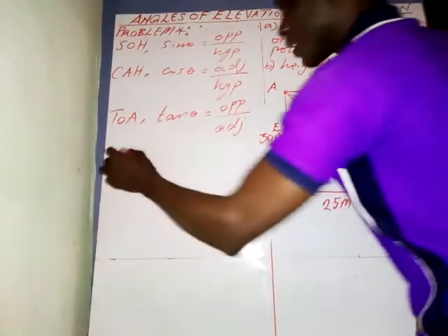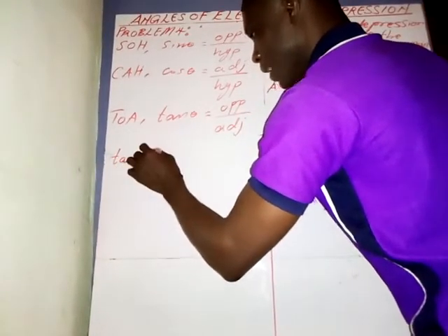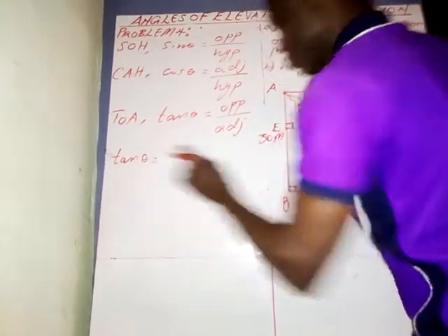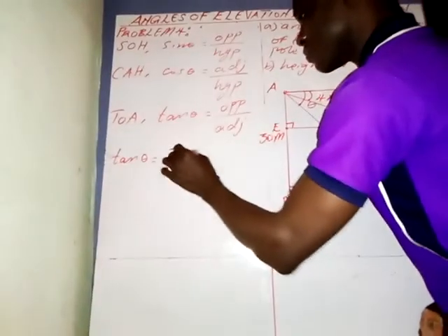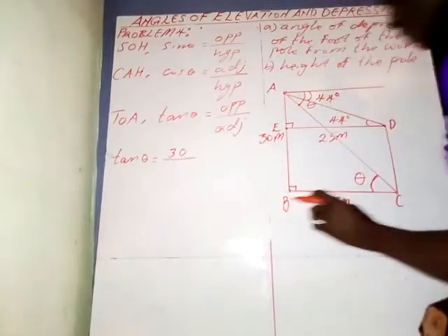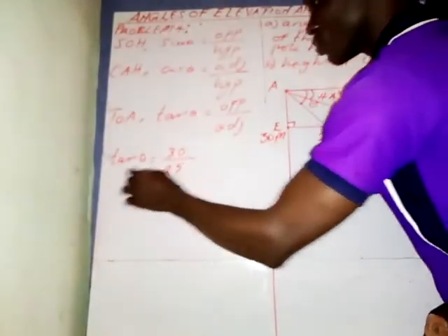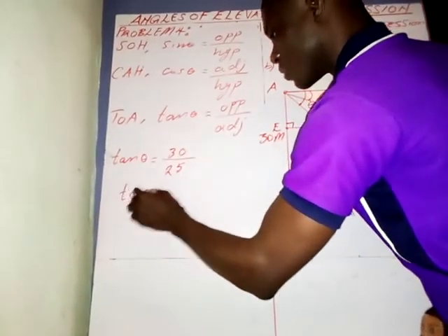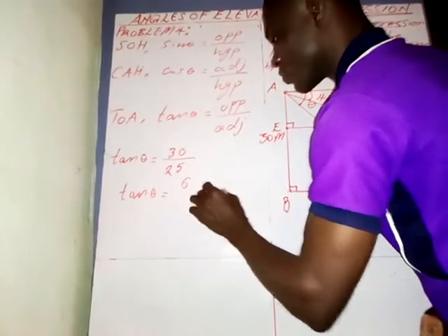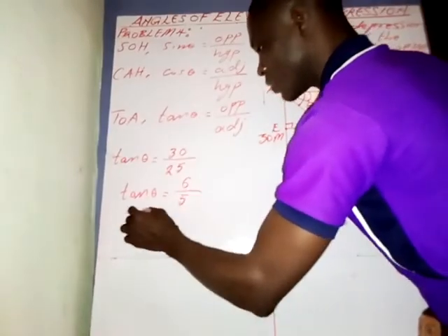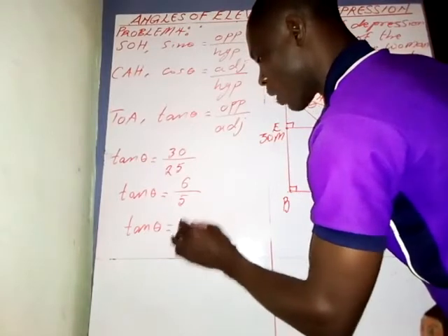So tan theta is equal to the opposite, 30, over the adjacent, 25. This gives us tan theta equal to 6 over 5, and this gives us tan theta equal to 1.2.